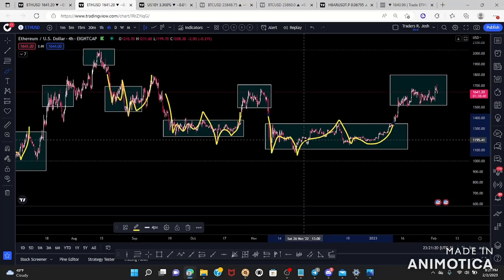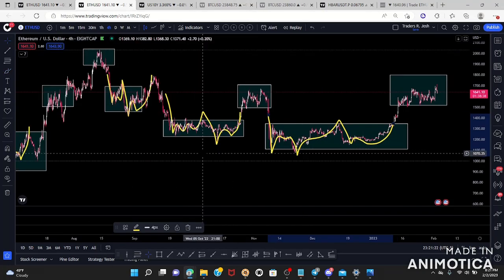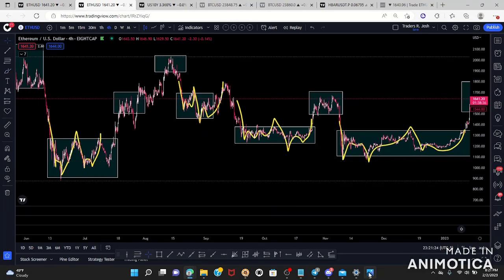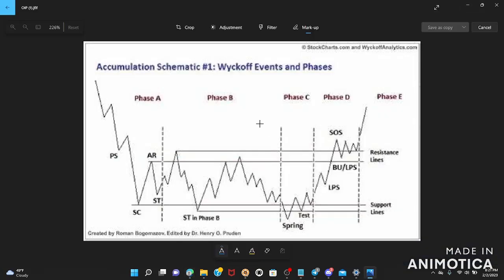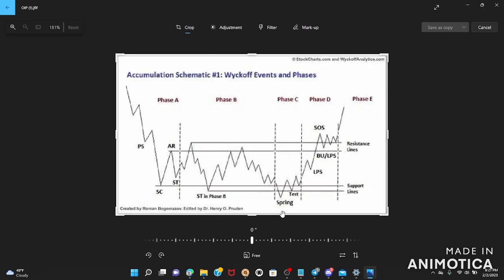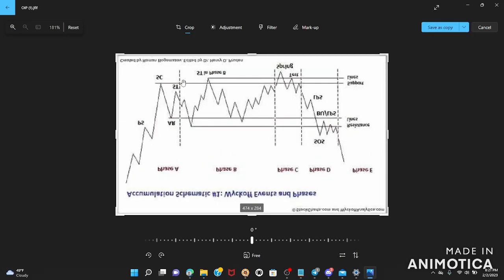So what about reversals? Something a lot of people overlook that I have found myself is that within the Wyckoff, you could use it as a reversal, and a lot of people overlook this.